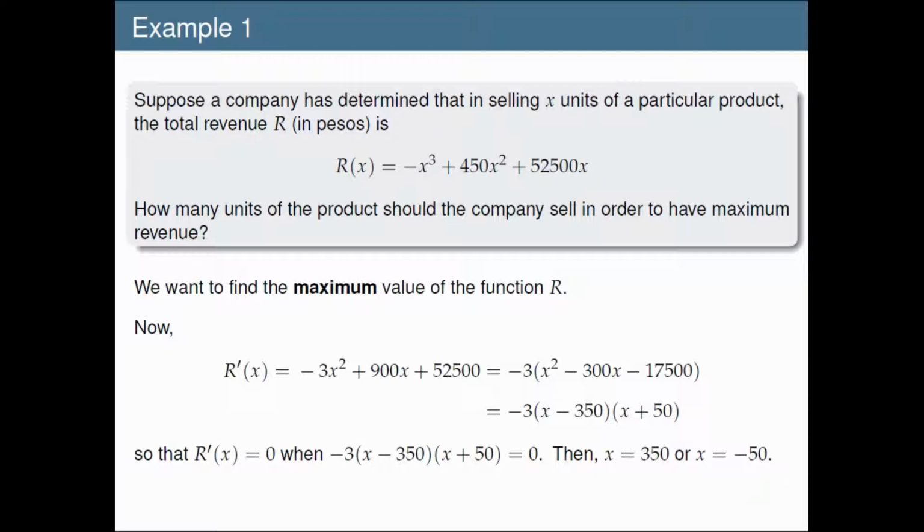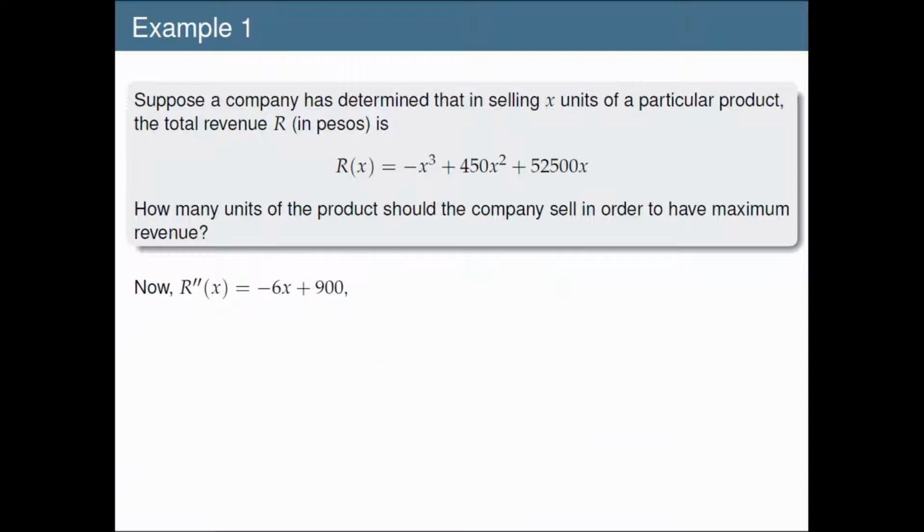But since X is the number of units of a particular product, X must be greater than 0 or positive. So the critical number of R that is positive is 350. Okay. We now get the second derivative of R, which is negative 6X plus 900.